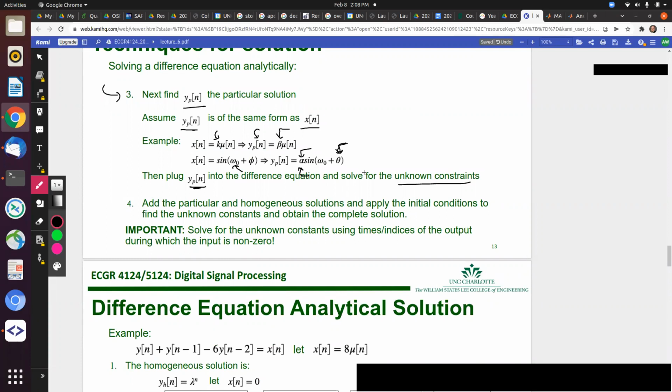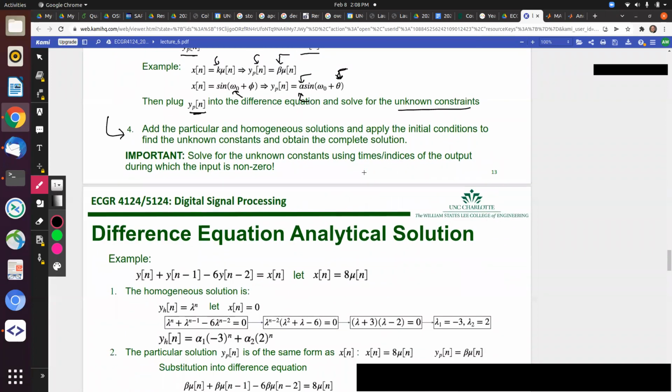At the end of this, you'll have a homogeneous solution with lambda and an unknown coefficient alpha for each lambda, and a particular solution with all of its values known. Your final step is to add the particular and homogeneous solutions, and then use the initial conditions to solve for the alpha values that you do not know. Okay, let's do an example.